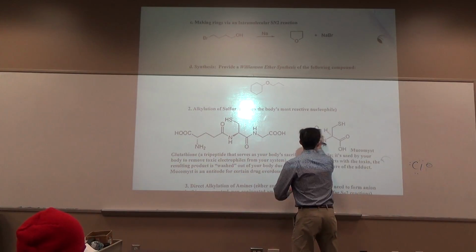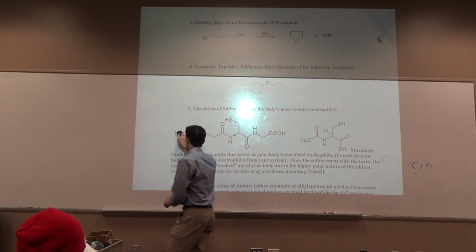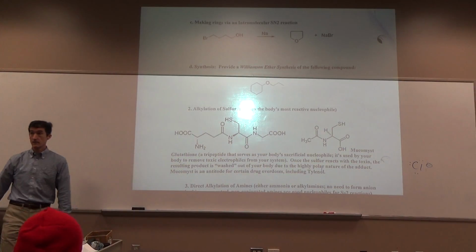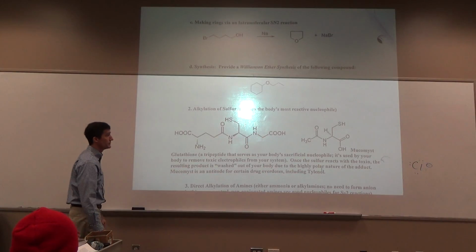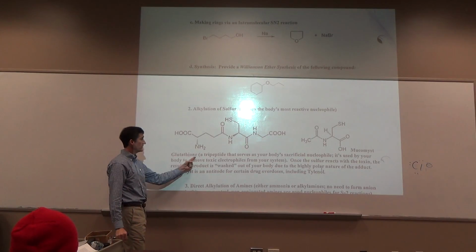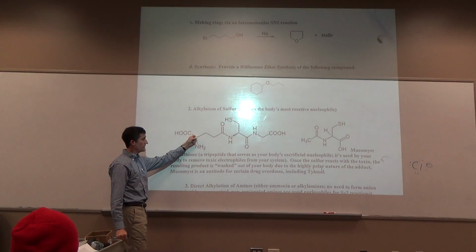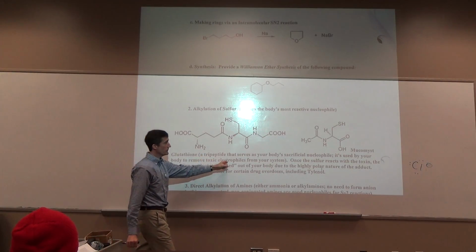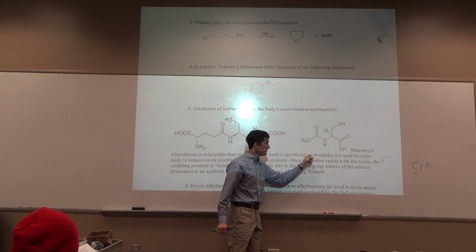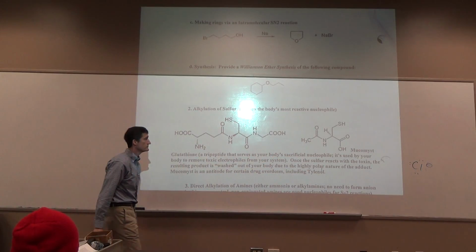In the end, your body uses sulfur as a nucleophile in lots of biological processes. For example, glutathione. This is glutathione. It's a tripeptide. It serves as your body's sacrificial nucleophile.